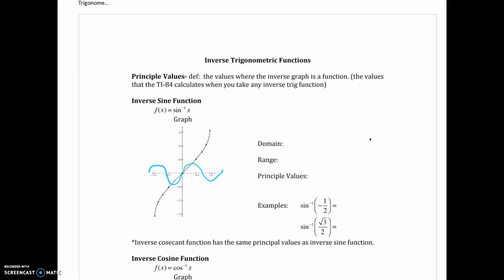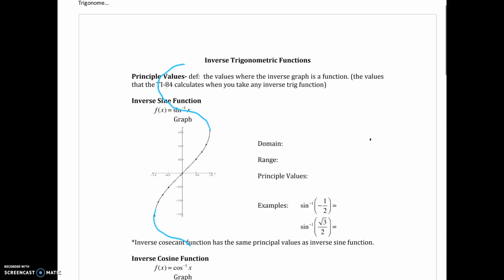Now, if we do the inverse, and we're reflecting over that line y equals x, the graph itself would continue this way. So the inverse graph would keep going, and then same thing this way. This is going to be true for all the other functions as well.